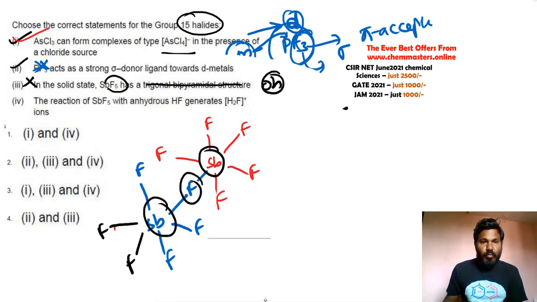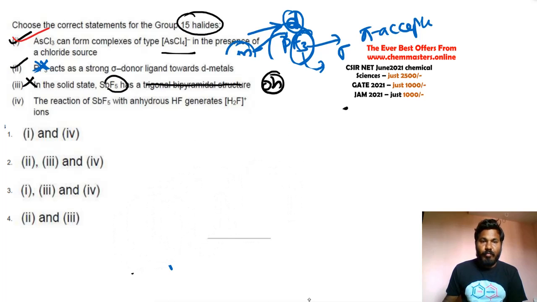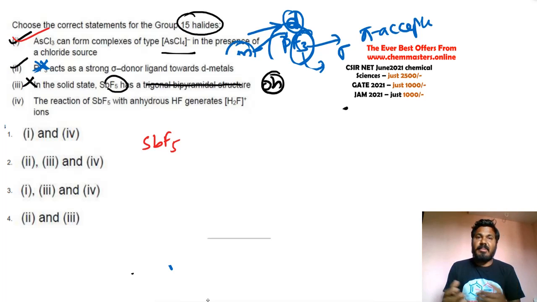Now just look at the fourth statement here. The reaction of antimony pentafluoride with anhydrous HF generates. This is a popular reaction, and we may come across it many times in the CSIR examination.